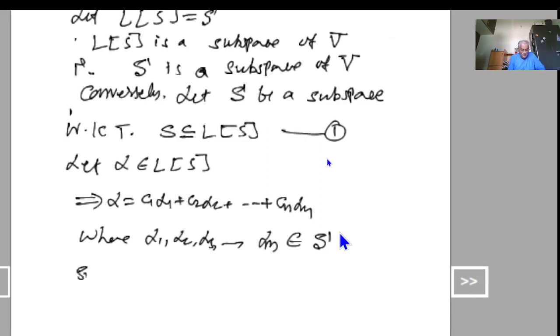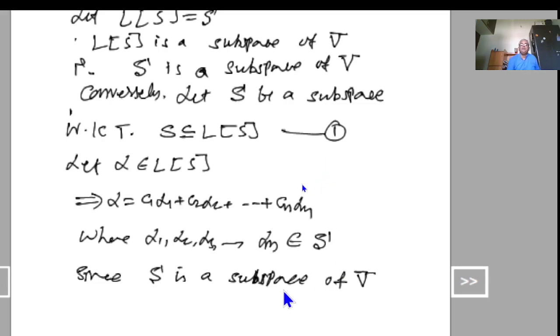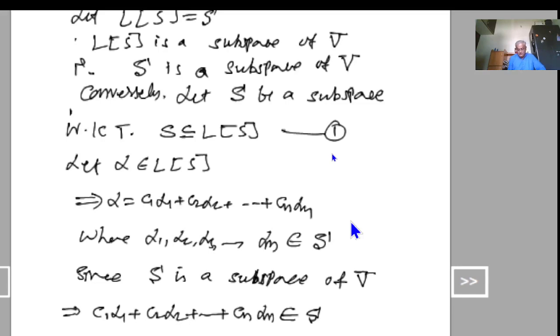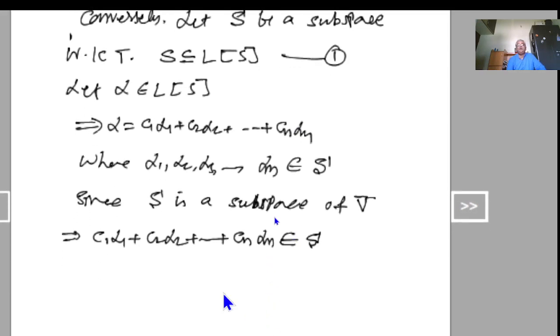Now here, since S is a subspace of V, all linear combinations of its elements again belong to S. That is, this implies C1 alpha 1 plus C2 alpha 2 plus C3 alpha 3 up to Cn alpha n again belongs to S. What is C1 alpha 1 plus C2 alpha 2 up to Cn alpha n?